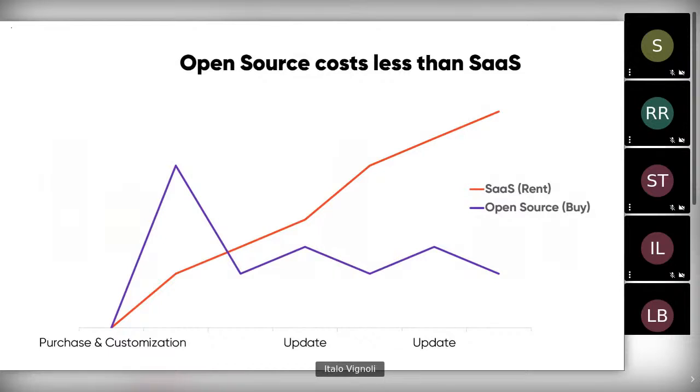One of the things that is rather clear with open source is that it is less expensive than software as a service. This is especially true if we look at software as a service provided by the proprietary world, for instance by Microsoft with Office 365.